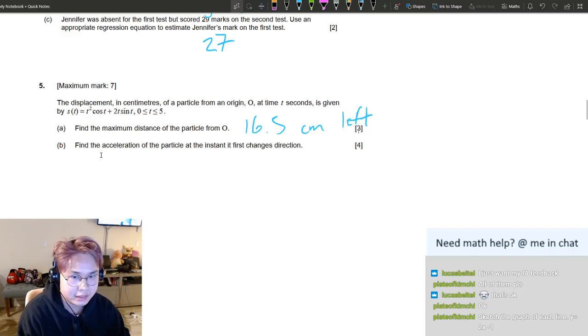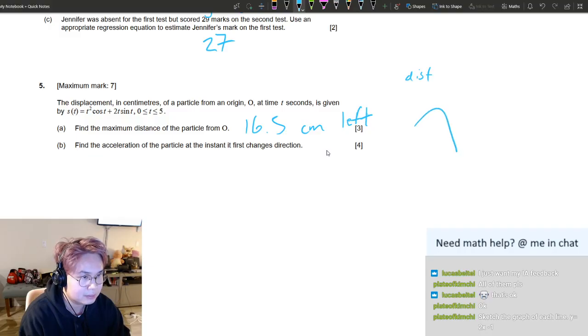Okay, and then let's see. Find the acceleration of the particle at the instant it first changes its direction. So changing direction, well, here is our distance graph, right? As a rough sketch, it went like this. And where it first changes direction is, notice, let me change color so that you can see that this is an axis.